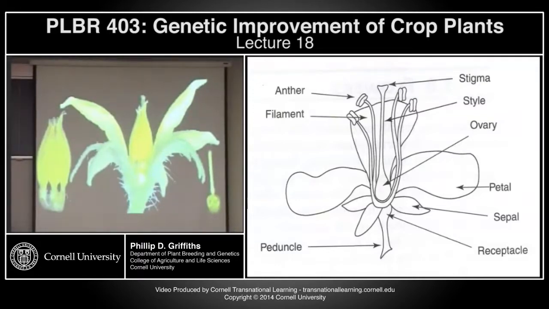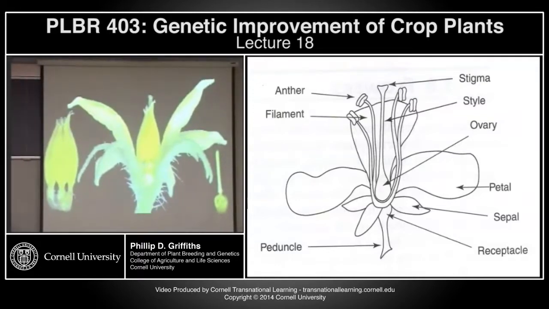So if we were to look at the tomato flower, why is cultivated tomato a self-pollinator? Well, if you look at the growth of the pistil, the anther sac, which is this large yellow piece in the center of the flower, will produce pollen at the top of the anther sac.